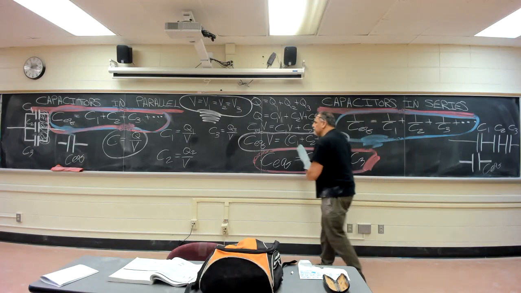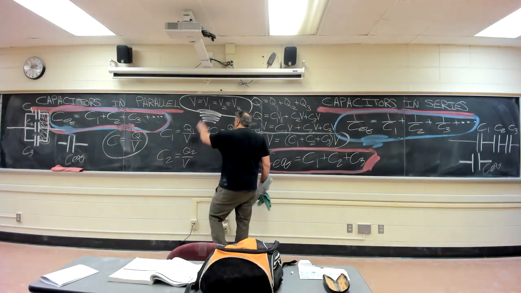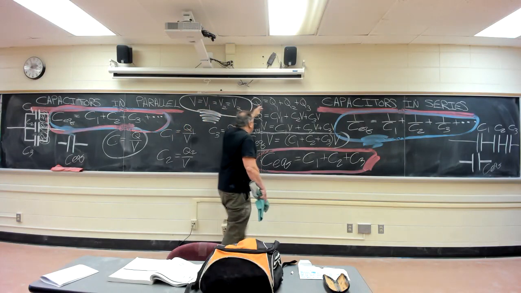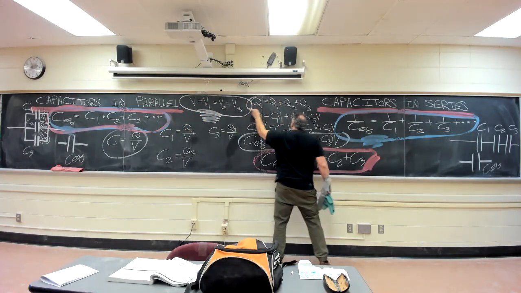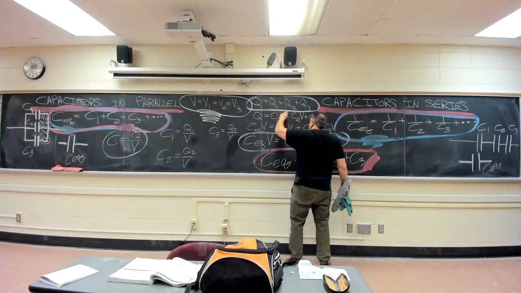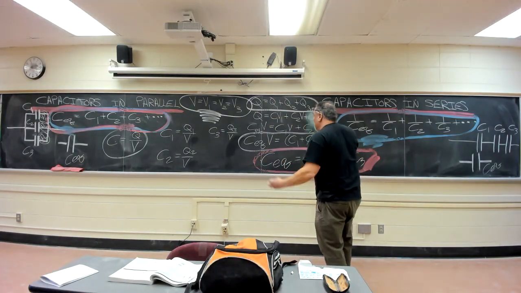So this is the big thing. Voltages are equal across capacitors that are in parallel, but their charges add up. The charges are not the same. You have to add up the charge on capacitor C1 with the charge on capacitor C2 with the charge on capacitor C3 with the charge on the next capacitor, however many capacitors you have.